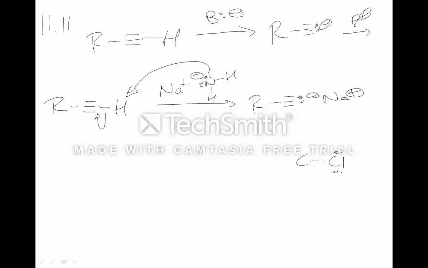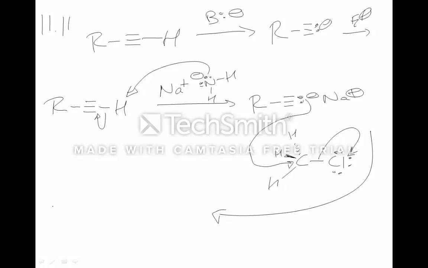So again, we're building on prior knowledge. I'm showing wedges and dashes, there's obviously no stereochemistry there, but it's the same thing we talked about. So instead of an OH minus attacking, what is happening is backside attack, pushing out the Cl minus. You generate a molecule of sodium chloride.